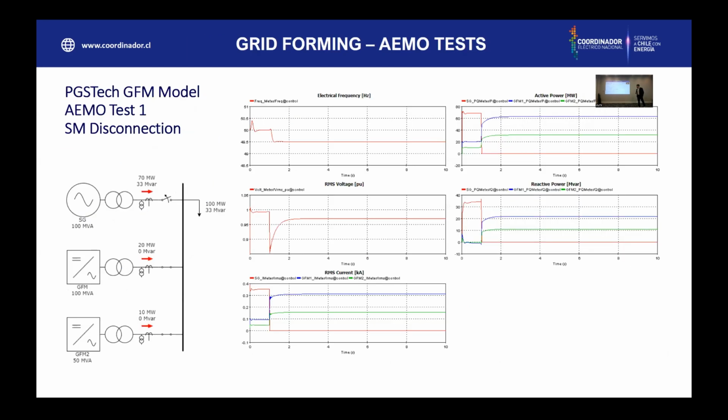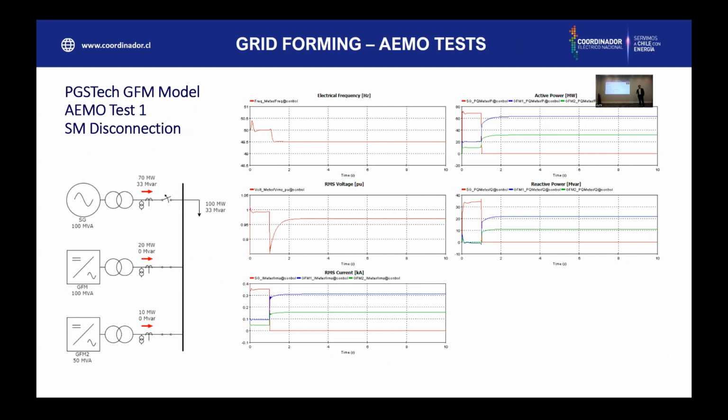But based on that, and with a lot of help from Jose, so we appreciate this, we've been able to run all the tests successfully, not only because we want to know what a grid forming does, but also because we wanted to try it on the big power grid.